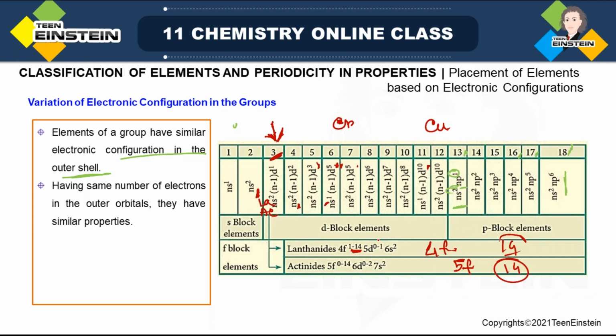Gradually from 1 it will be filled, 1 2 3 4 like this. And when it is 5f, it starts from 0 to 14. There is a slight difference in the electronic configuration, but more or less it is the same. So now you know why they are placed at the bottom of the periodic table and not directly in it, because in that case it would be very wide, and all these elements are actually present in group 3 only.